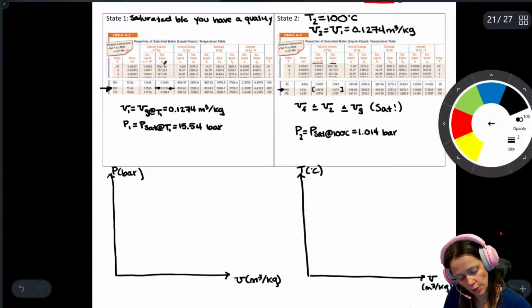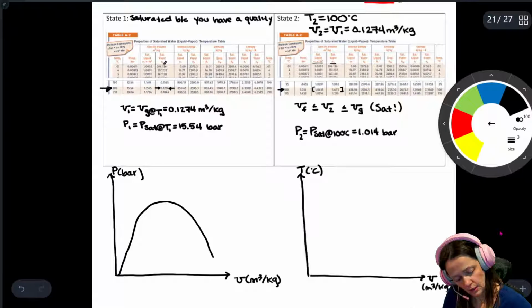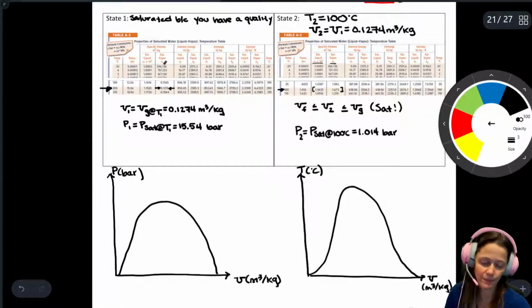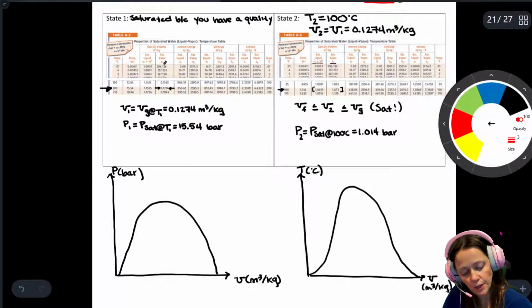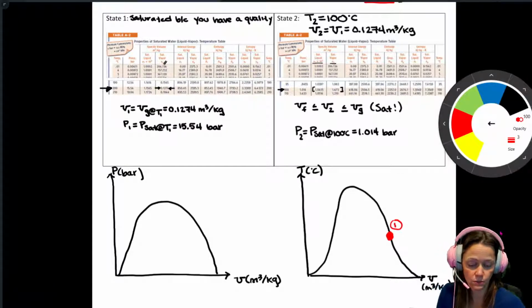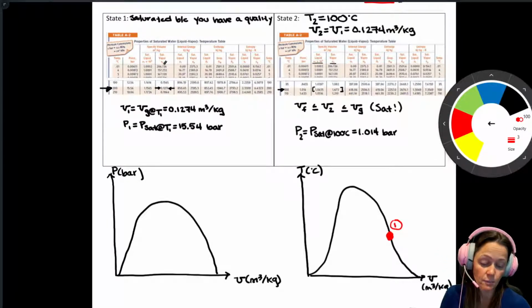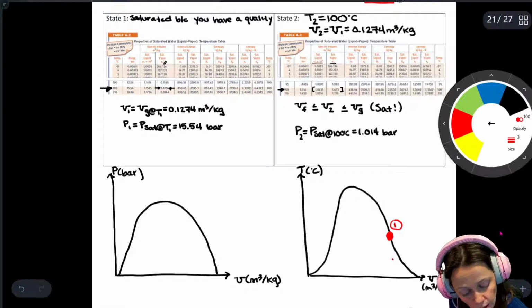That's good to know. It's shaped a little bit differently, but as long as you've got a dome there, that's good. So state 1 is right there on that saturated vapor line. And then state 2 is going into the 2-phase region. It's going to be underneath the dome.